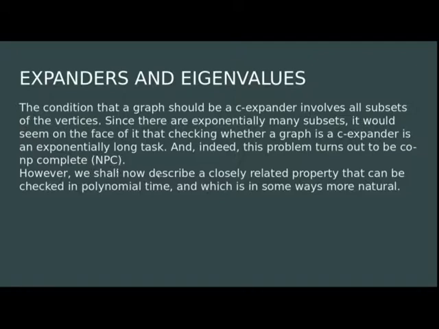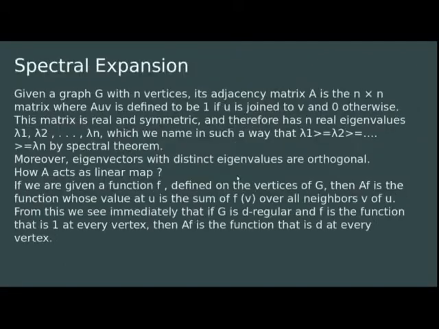We shall now describe a closely related property that can be checked in polynomial time and which is in some ways more natural. Now the third notion, which is spectral expansion. Given a graph G, its adjacency matrix A is the same as defined before.